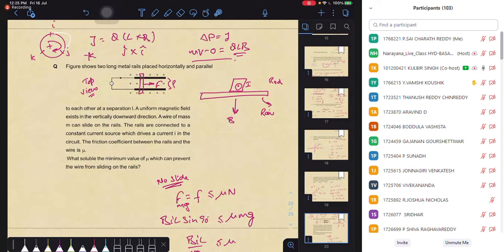That gives the force toward this side, perpendicular to current and field both. Dot means perpendicular outward, so the force will be in the plane, and it should be perpendicular to the magnetic field. So the force is parallel to the rail and perpendicular to the rod.